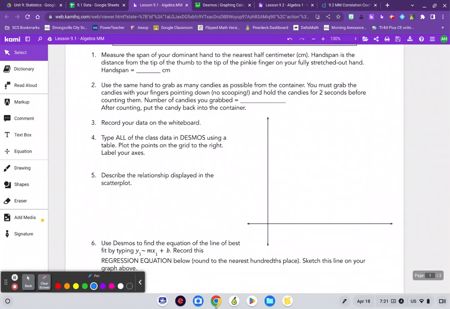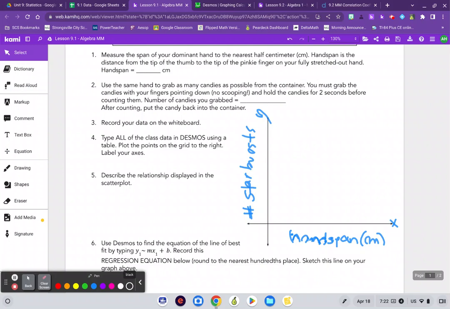Again, we said the x-axis was hand span, and we measured that in centimeters. Then we said the y-axis was number of Starbursts that were grabbed.